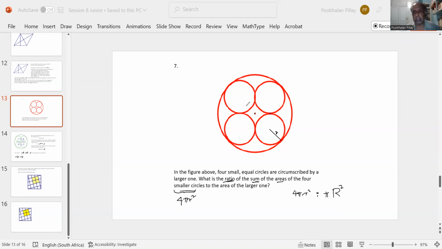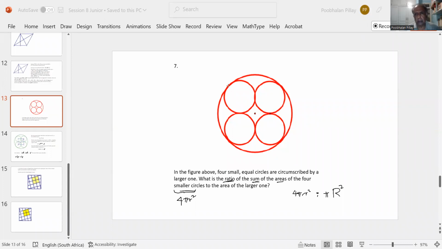If we know the radius of the smaller circle, is it possible to get the area of the larger circle? To do that, you have to somehow get the radius of the larger circle.